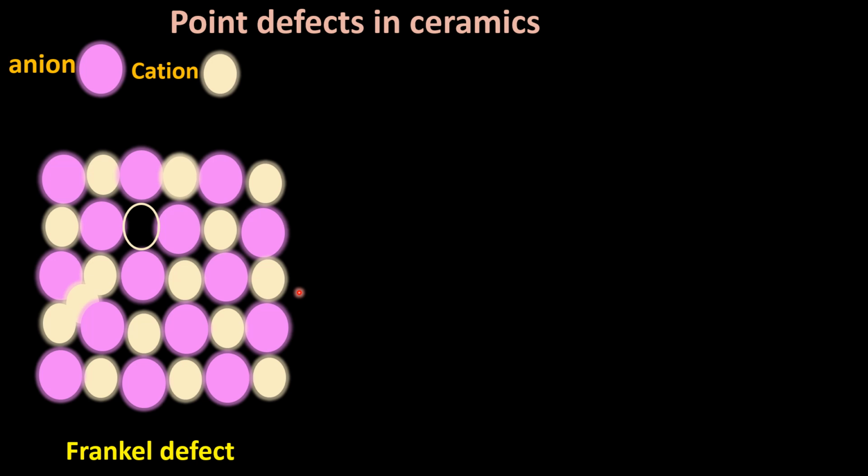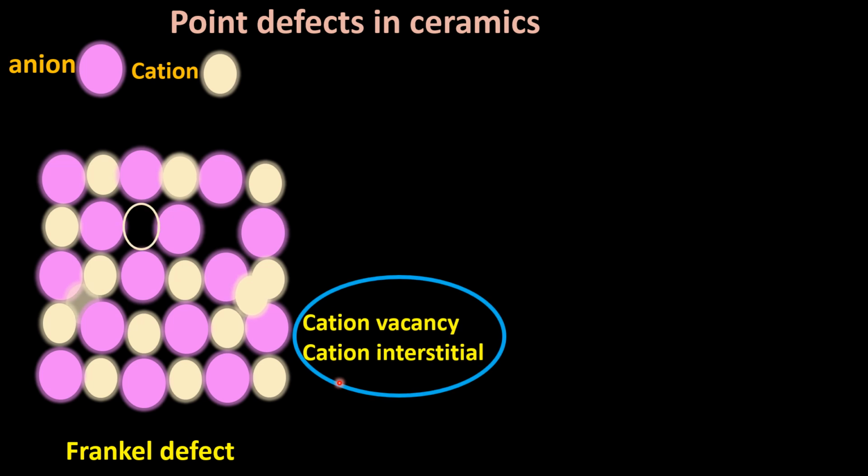So in the case of ceramics, when defects are induced, the defects always occur in the form of pairs. One such type of defect is the Frenkel defect, which always occurs in the form of pairs.